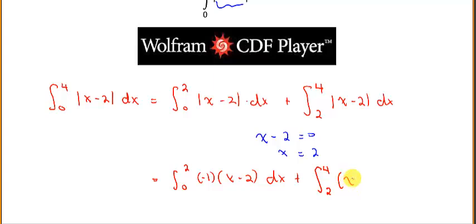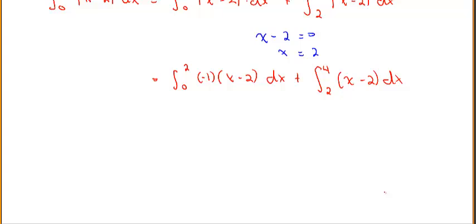It's going to leave it alone. Okay, let me rewrite this once more. So this here, 0 to 2, would be positive 2 minus x dx, plus this one, integral from 2 to 4, we don't have to do anything because the absolute value doesn't do anything.